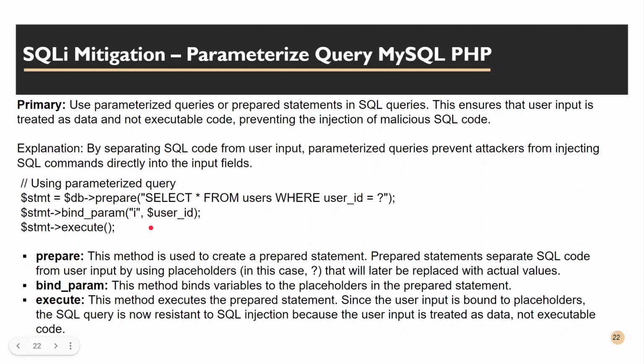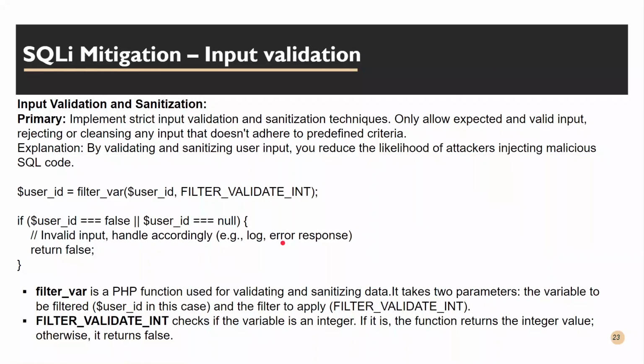So now let's take a look at another way of mitigating against SQL injection, and this is input validation. In input validation, we only allow expected and valid input, rejecting any input that does not adhere to predefined criteria. Now let's take a look at a very simple example here.